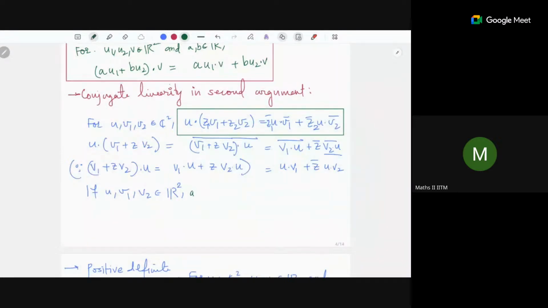For a and b in R we have linearity, so it is u dot (a v1 plus b v2).